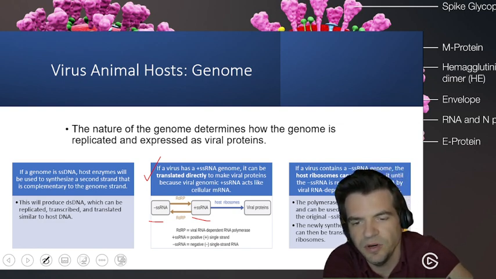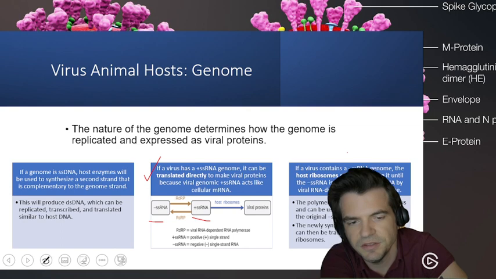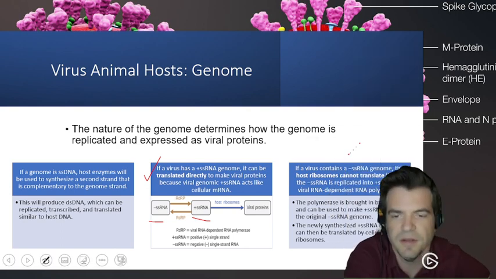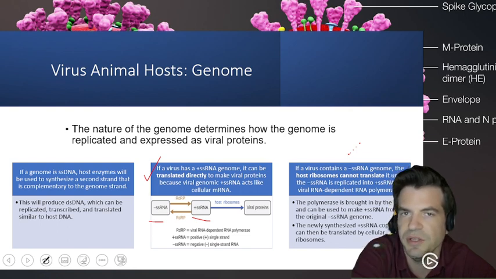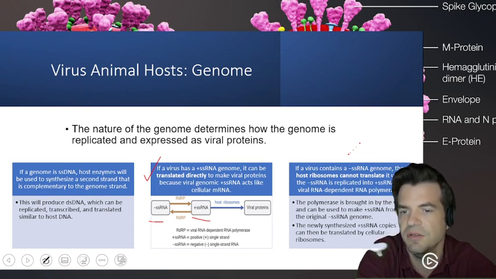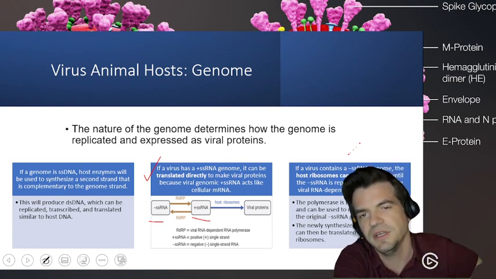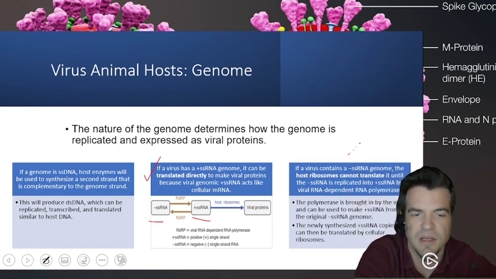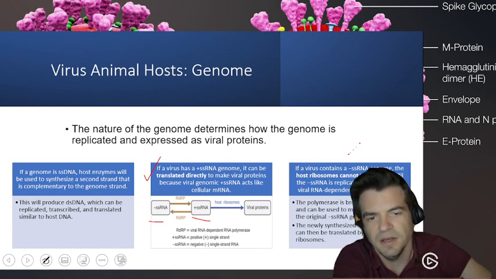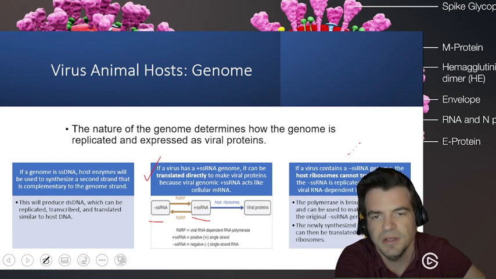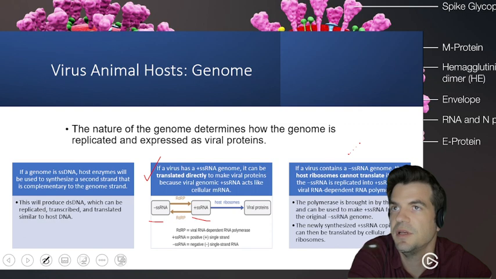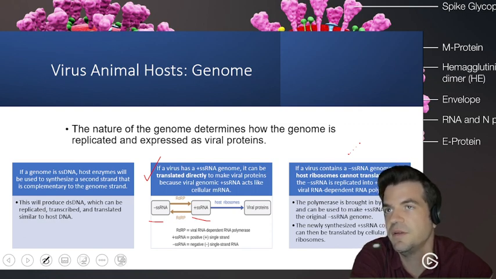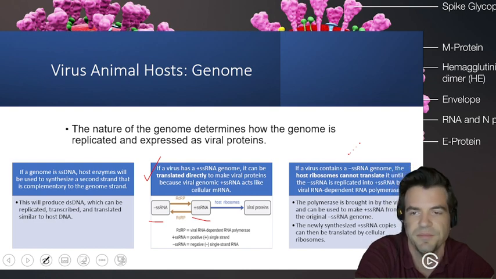But if you are a negative-stranded RNA, you don't have the machinery to directly translate the genome yet. So you have to wait until the polymerase is brought in, and that is how you can make DNA from a negative strand, single-stranded RNA.